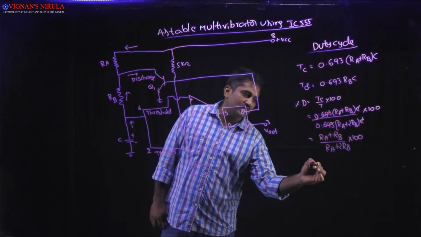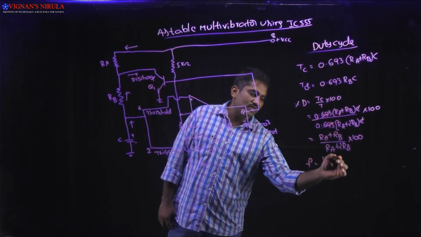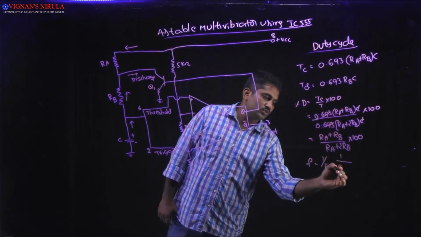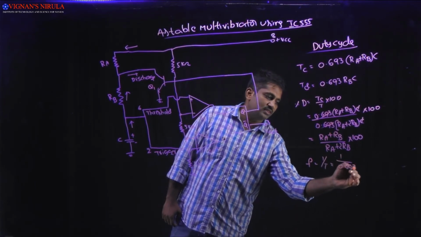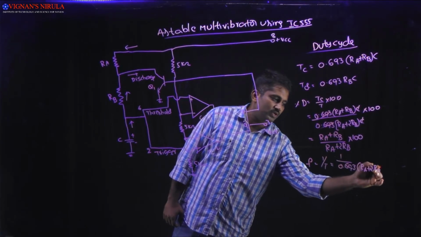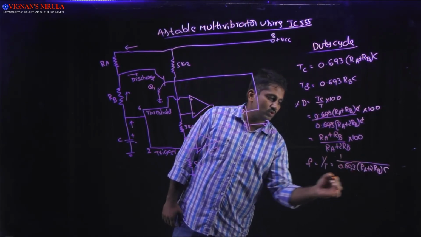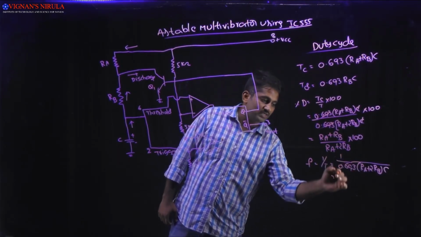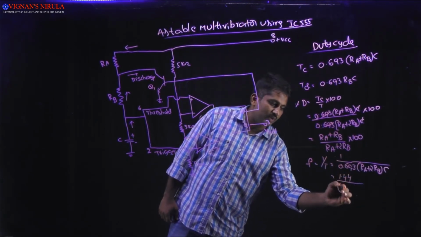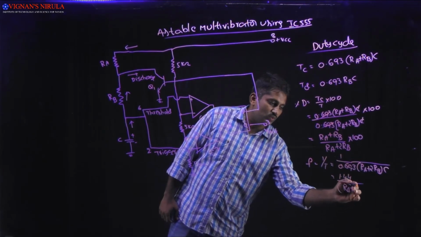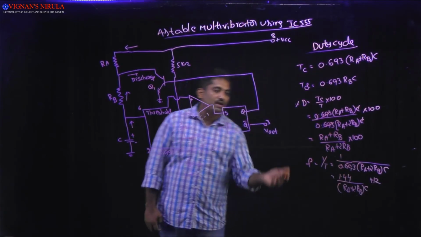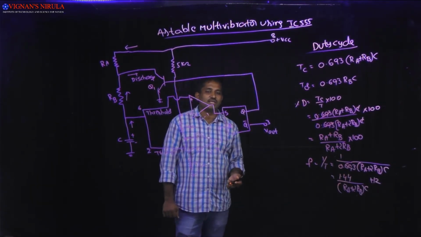F will be taken as 1 by T. What is 1 by T? 1 by the total time period TC plus TD, which is nothing but 0.693 into RA plus 2RB into C. So 1 by 0.693 is nothing but 1.44, so F is 1.44 divided by RA plus 2RB into C hertz, which is nothing but the frequency of the astable multivibrator.